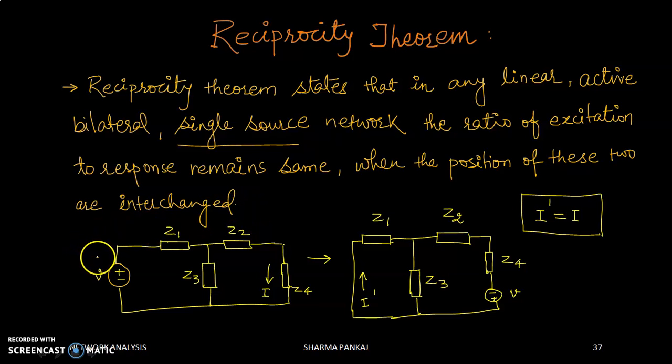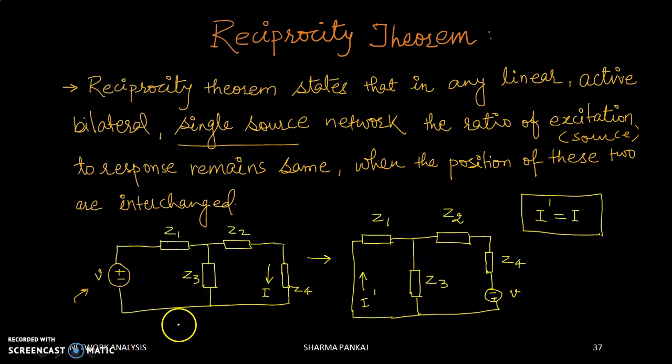The position of response and the excitation. Excitation means this is your source, which is giving you excitation in the circuit. It is the source, that is, the voltage source.